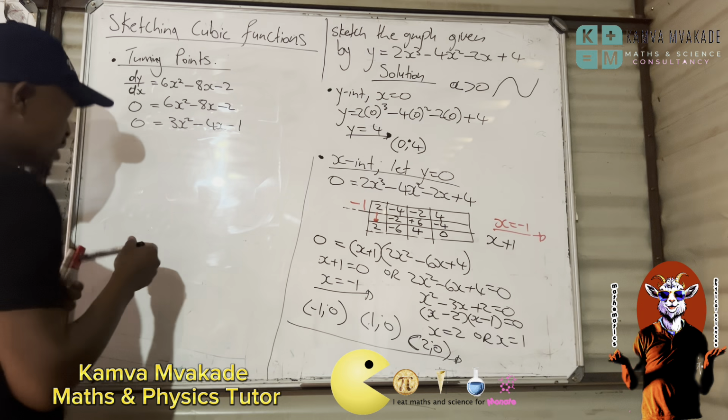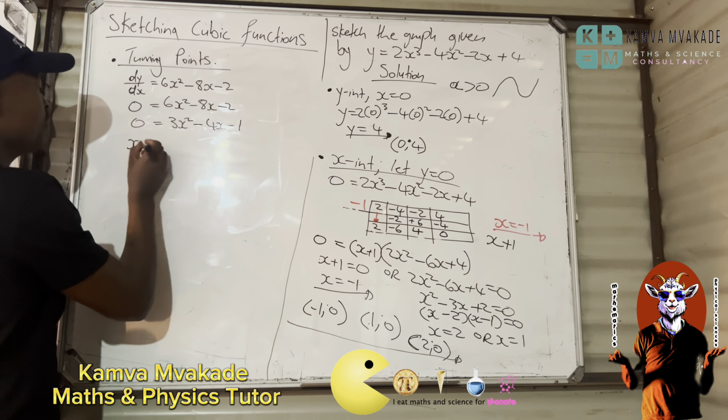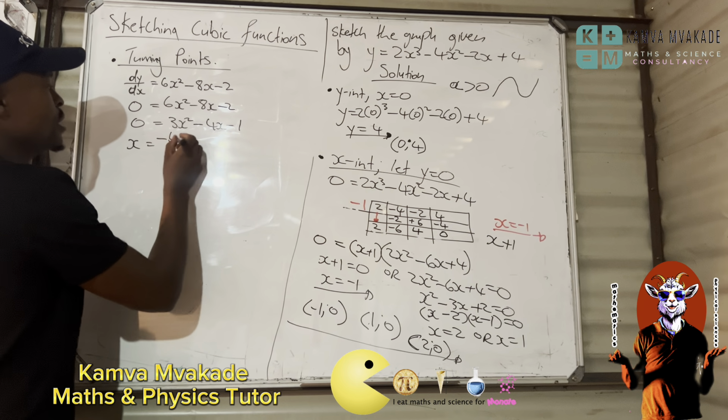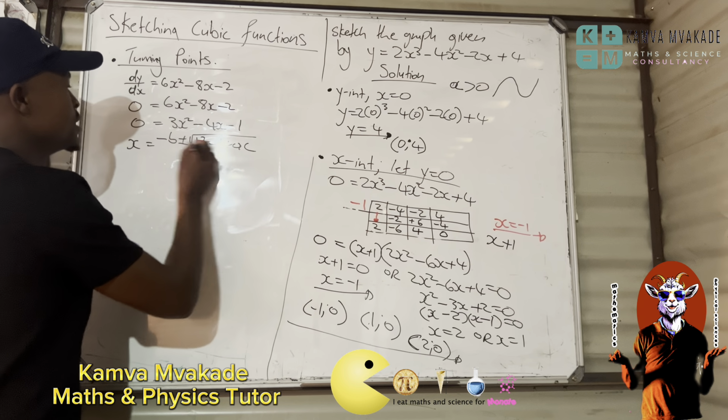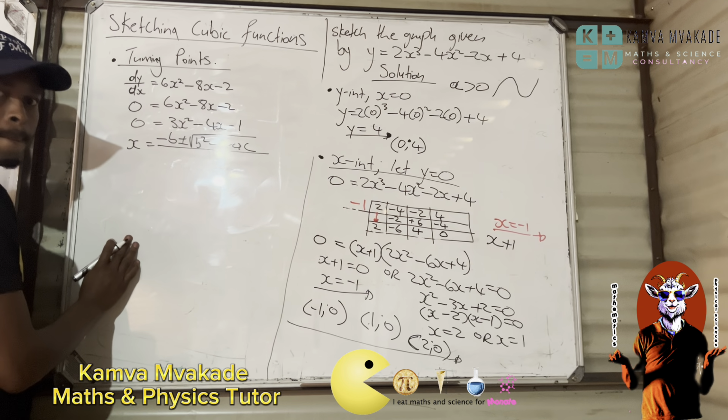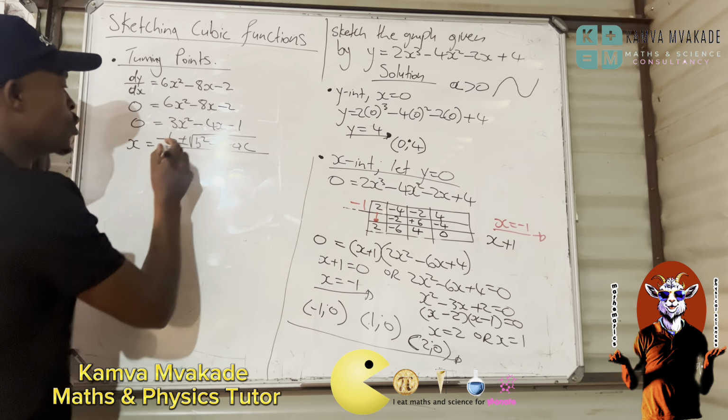So now with our quadratic formula we tlo re x is equals to negative b plus minus the square root of b squared minus 4ac all over 2a.